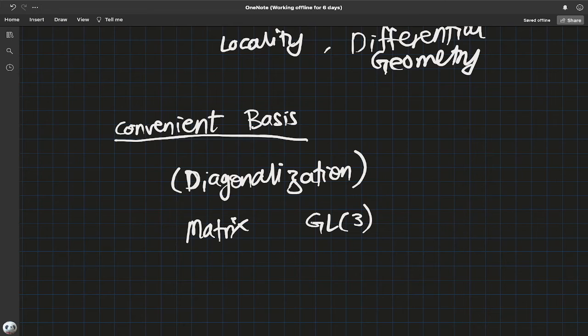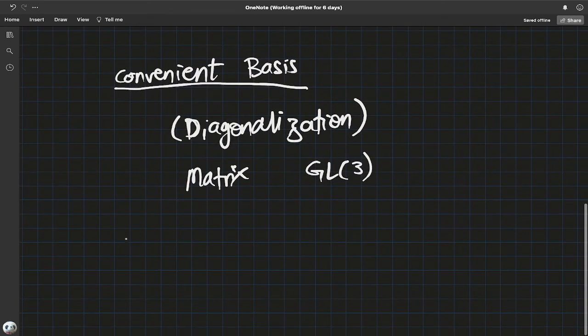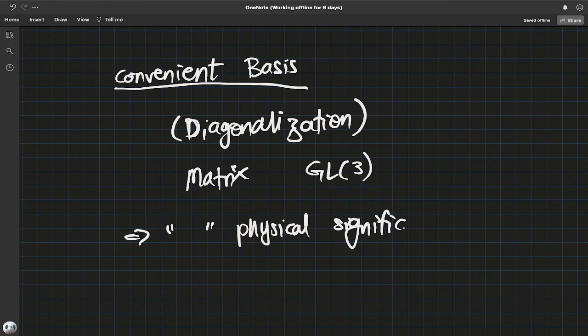So if you can diagonalize a matrix, this means that the diagonalization should have some physical significance when it comes to representing tensors as rank 2 tensors as matrices.